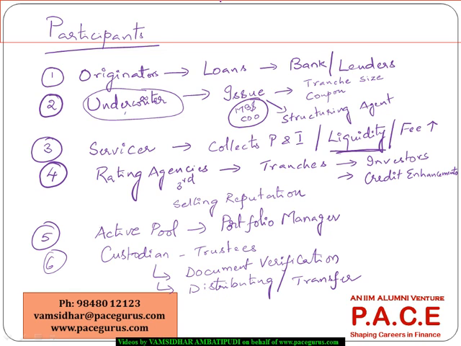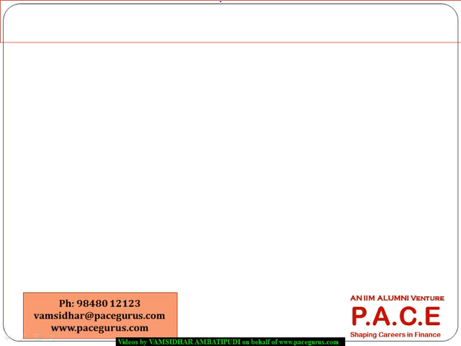Now, in general, we would like to go a little deeper into what we call the three-tier securitization structure. That's a common structure which we have been discussing till now.